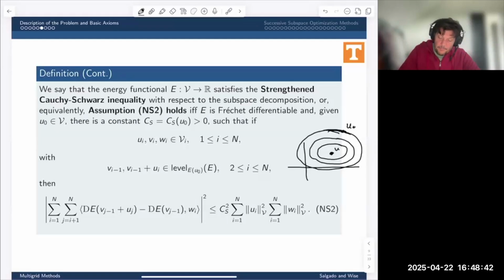The sublevel set we defined here was the set of all values of U which have an energy, or in this case elevation, less than the elevation of U naught. Well, in this case, it's the energy map. So we're looking for all values of V which have an energy less than U naught. That would be everything inside of here, and that is precisely this sublevel set.